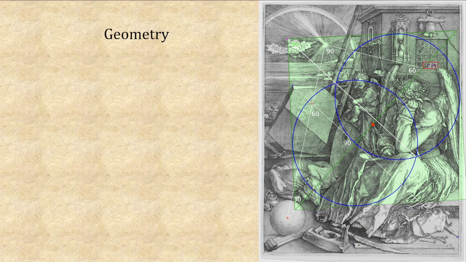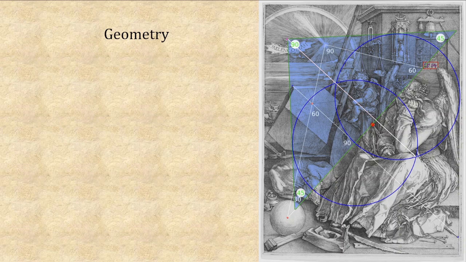The other diagonal runs through the handle of the compasses. And if this line marks the hypotenuse of a right-angled triangle, its angles will be 45, 45, 90 degrees, and its side lengths will be in a 1 to square root of 2 relationship.